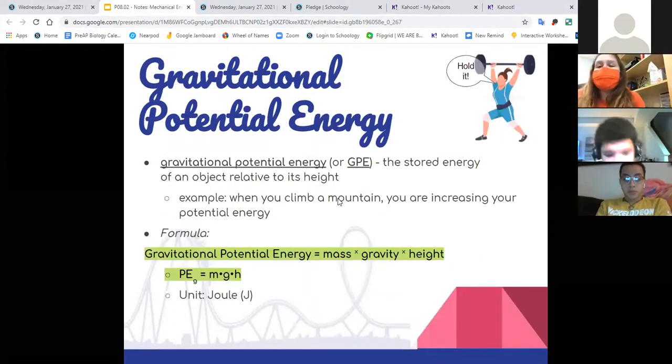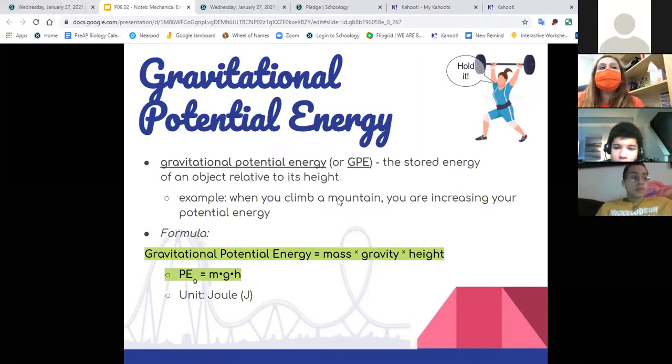So gravitational potential energy is the most common one. This is the energy stored based on its height. How high you are is going to determine how much gravitational potential energy it has. So when you climb a mountain, you're increasing your potential energy the higher and higher you go.